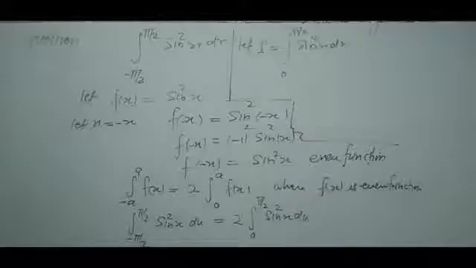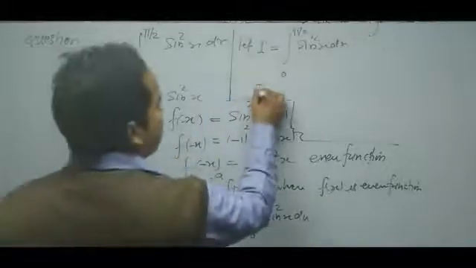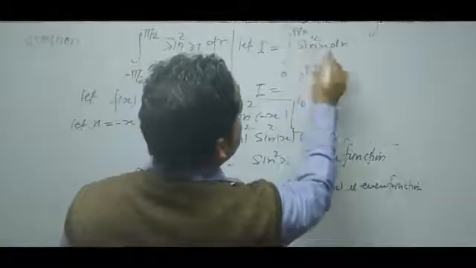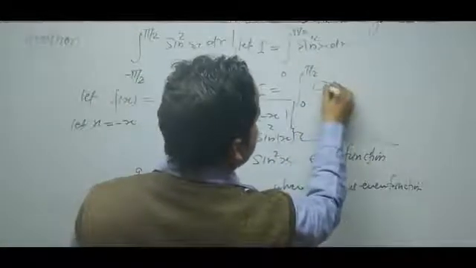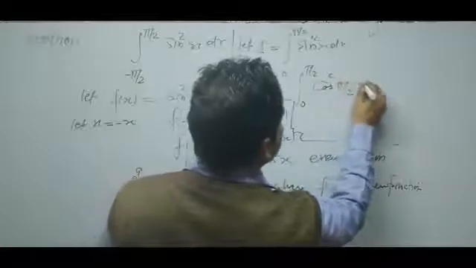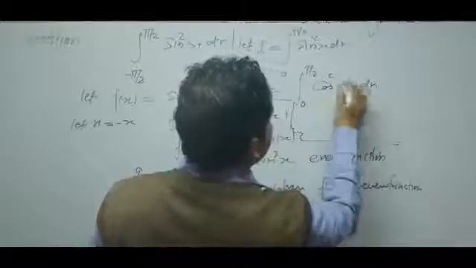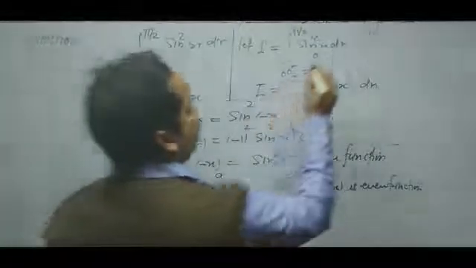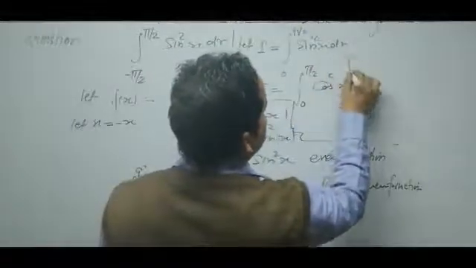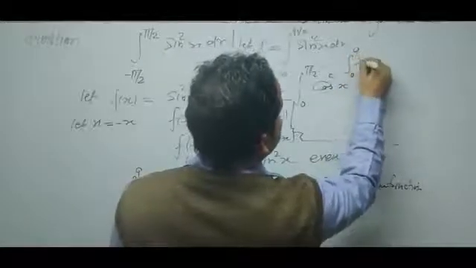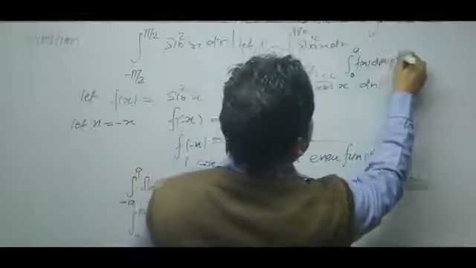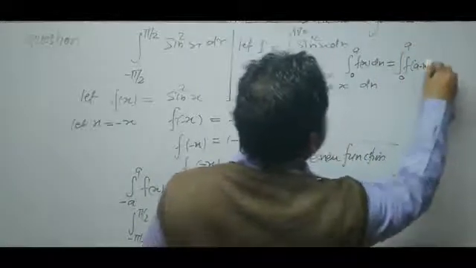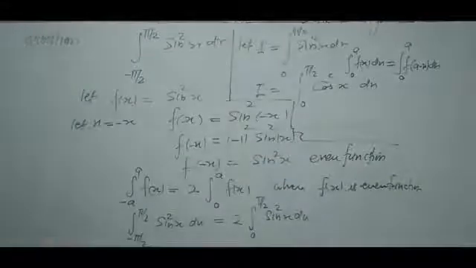Now this I we can write as the integral from 0 to pi by 2 of sine square (pi by 2 minus x), so the result will be cos square x dx. We have used the formula integration over 0 to a of f(x) dx is equal to the integral from 0 to a of f(a minus x) dx.